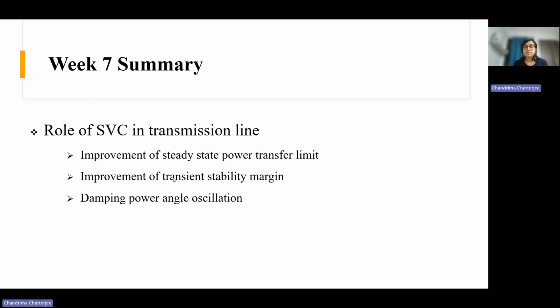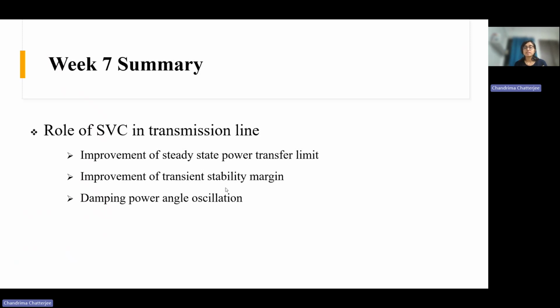But other than that, SVCs are beneficial for some other purposes also. Firstly, it can improve the steady state power transfer limit. How it can improve that, we will see. Next, it can improve transient stability margin.